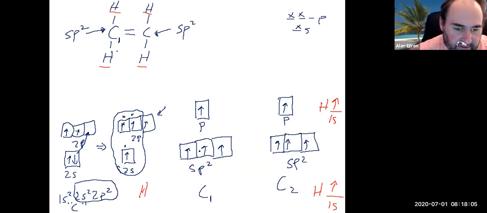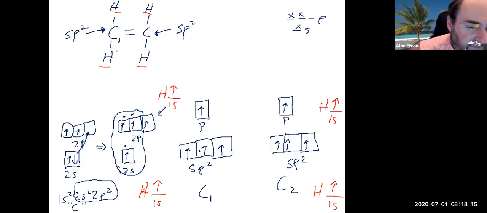We have a hydrogen over here, has an electron in its 1s. And we'll just throw this hydrogen up here, electron in its 1s. So those represent the 4 hydrogens that we have. Again, hydrogen will not go through hybridization. It just has that 1 electron in the 1s orbital, again from the electron configuration of hydrogen, 1s1, right? So that's the electron that we're talking about here. This guy right here is this electron in each of those.